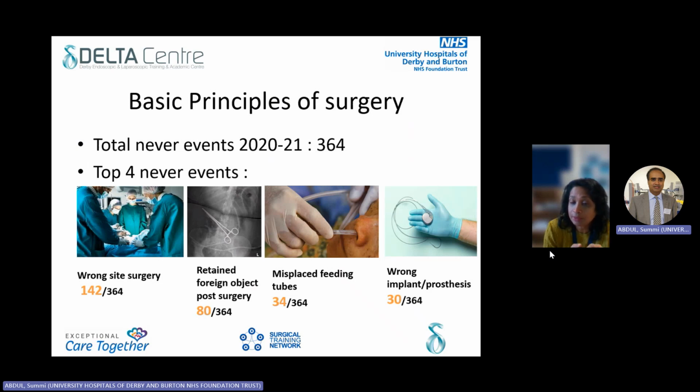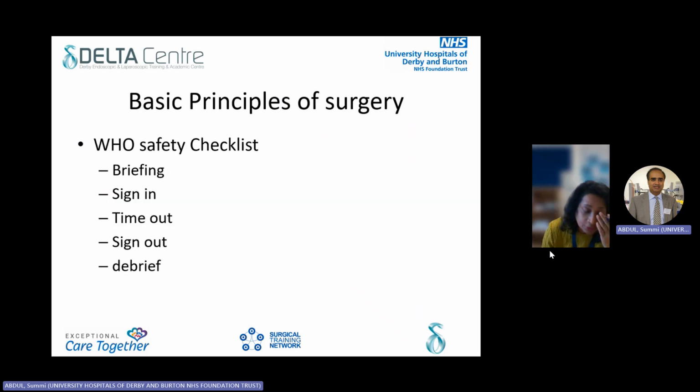It's a top never event. Misplaced feeding tubes and wrong implants or prostheses being inserted also play a part. So in order to reduce the risk of these never events, there needs to be emphasis on safety and reducing those risks.